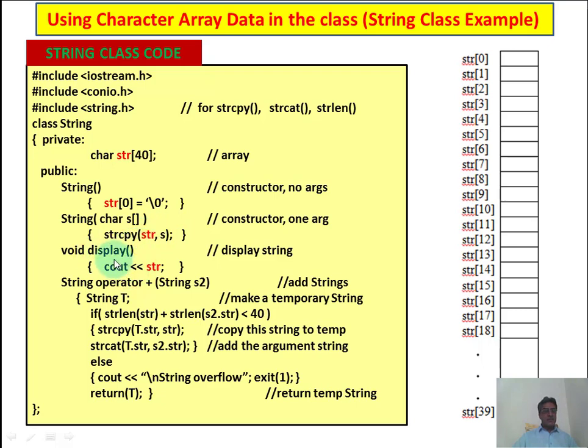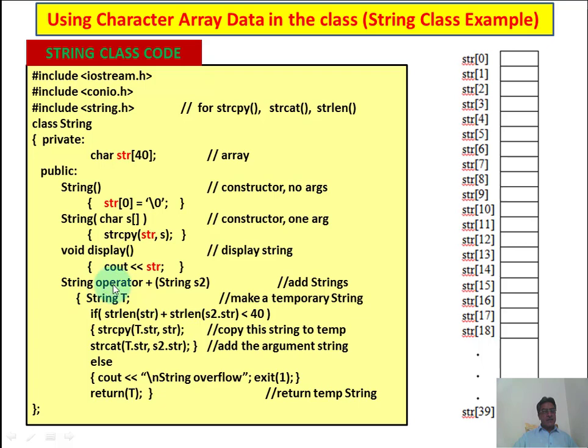Display function: whenever an object calls this function, it will display the value of str, because this str memory is part of each and every object of the string class. So if any object calls this display function, then it will display the memory of that specific object.